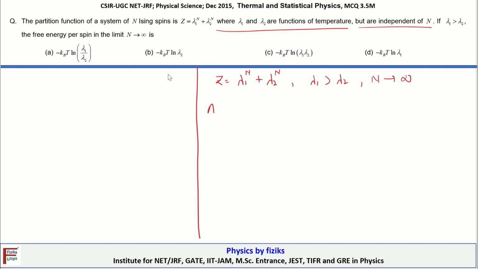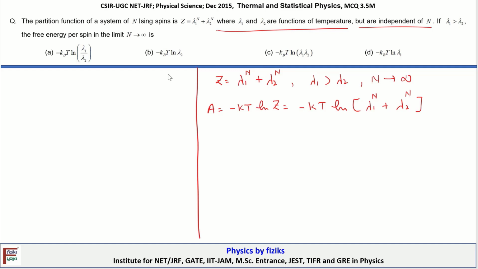So the Helmholtz energy A is equal to minus kT logarithm of the partition function. That means this is equal to minus kT, where k is the Boltzmann constant, minus kT ln of lambda 1 power n plus lambda 2 power n.